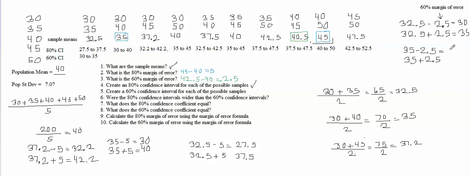This comes out to 32.5, and this one comes out to 37.5. So that is the next one.